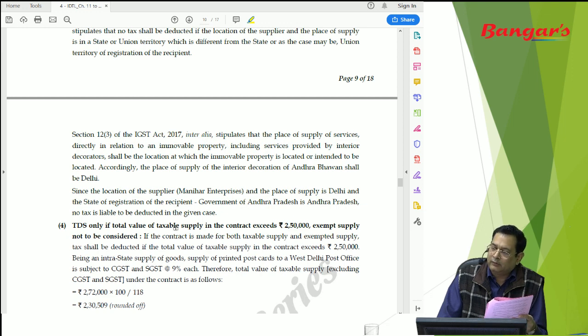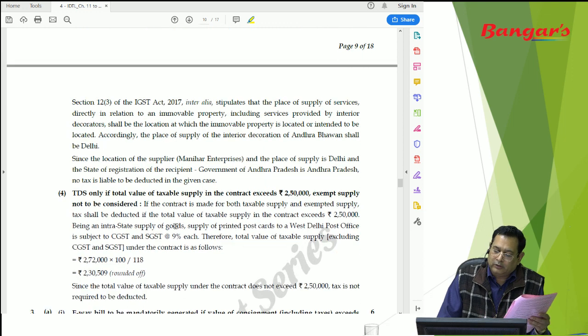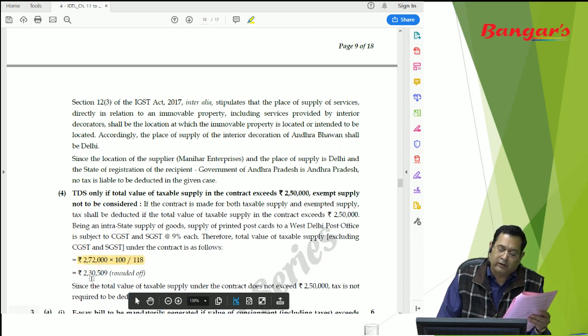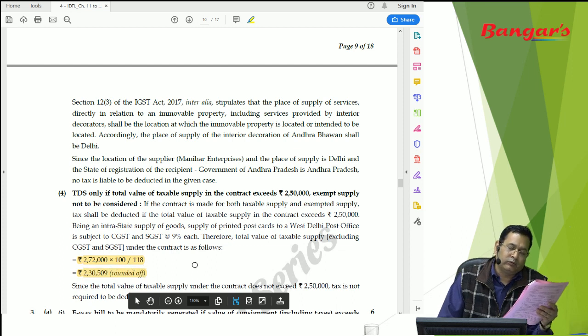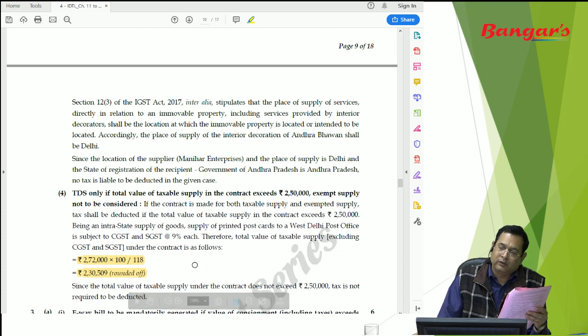So in this case, exempt supplies will be excluded. Then the value of taxable supplies works out to be 2,72,000 into 100 upon 118, so that is 2,30,509. Since the contract value of taxable supplies does not exceed rupees 2,50,000, there will be no liability to deduct tax at source.